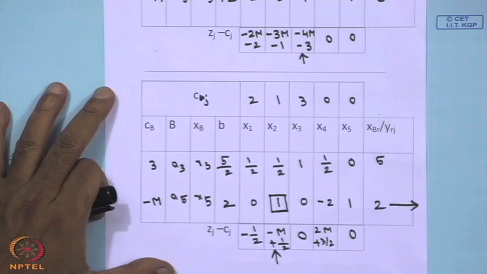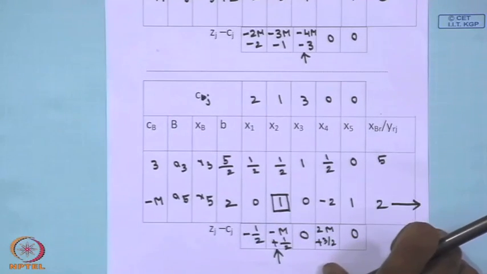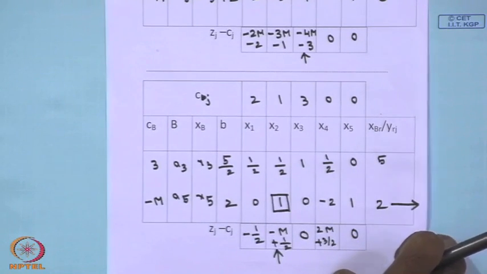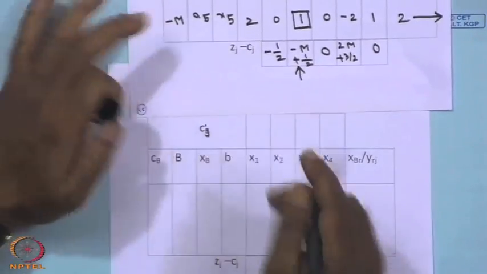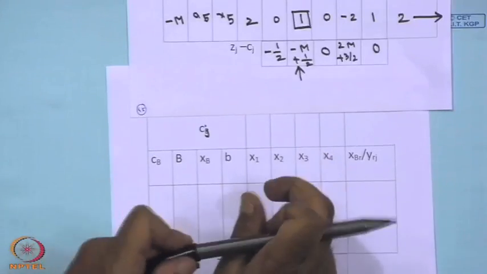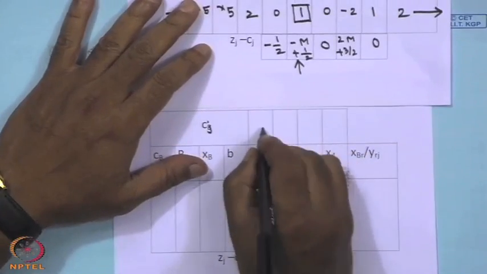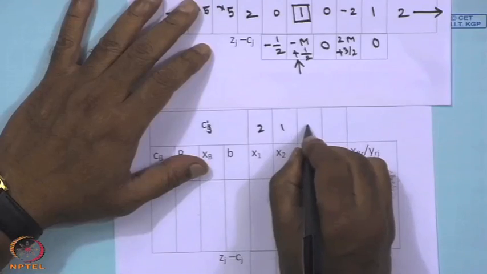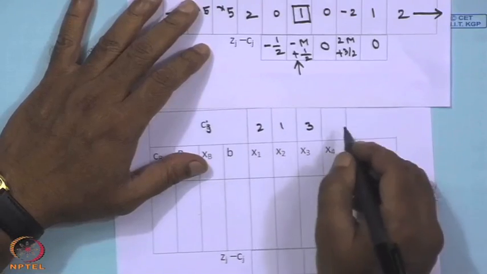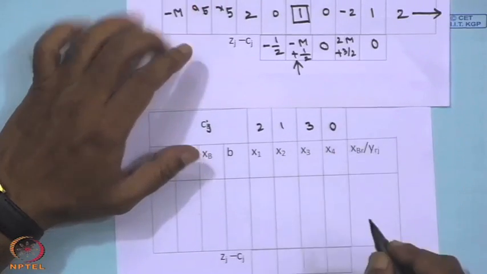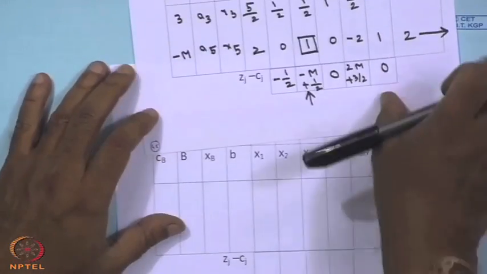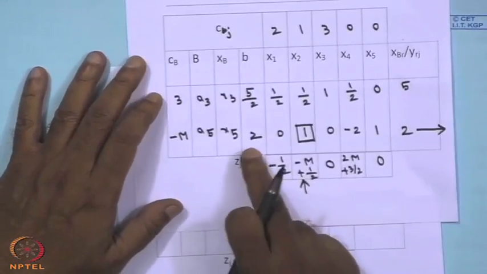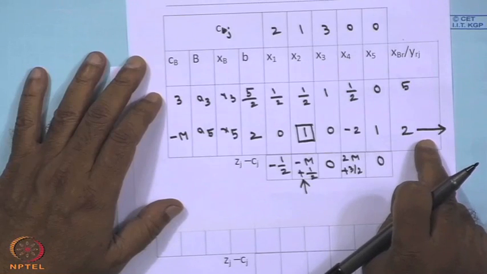Now, from here we can form the next table again. In the next table, your C j is the same: 2, 1, 3, and your x 4 is 0. Here you note one thing: in the last table your artificial variable x 5 is out of the basis.